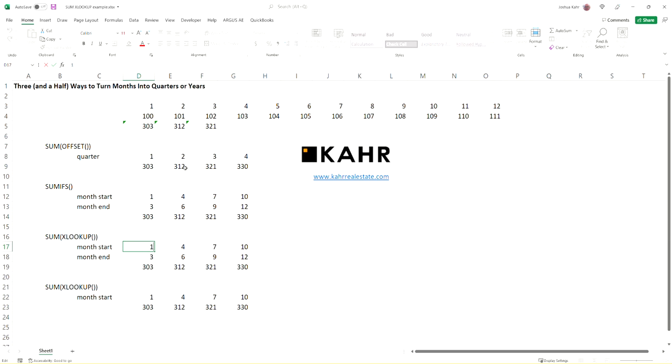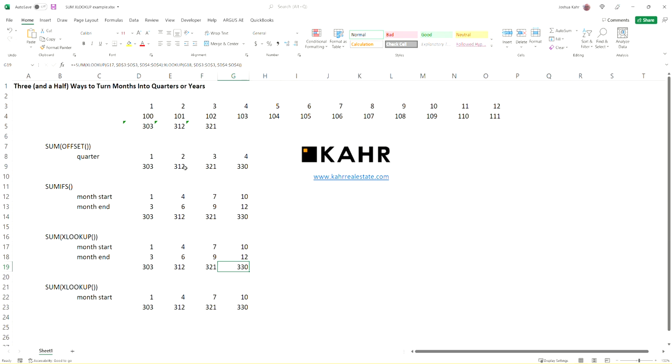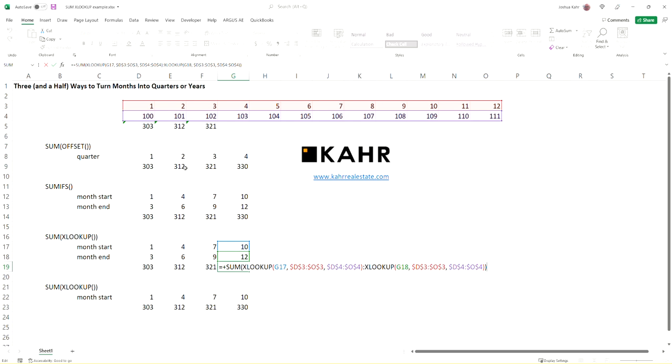An XLOOKUP is a relatively new function in Excel. And what you do here is you say, I'm looking for the starting month, I'm looking for the ending month, and I'm looking for the starting month and the ending month in where all the months are. That's the red area. And then I'm adding up everything in the purple area.